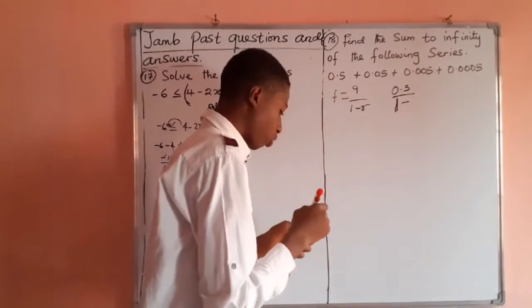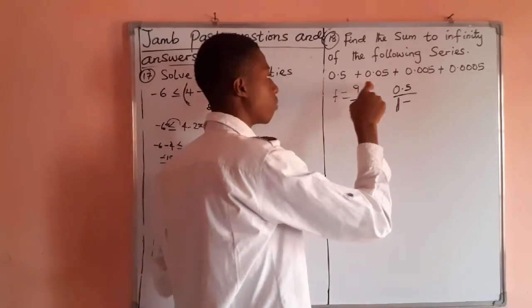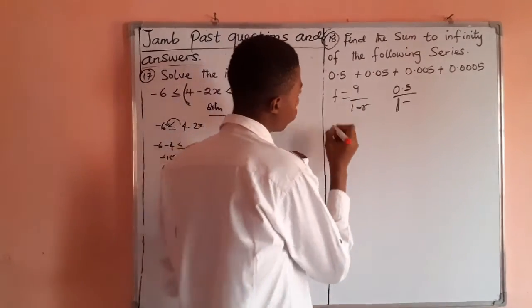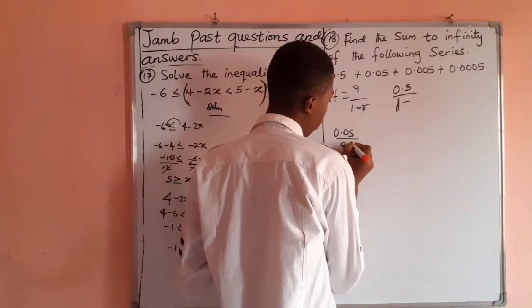Our r is the common ratio. That means you divide the second term by the first term, the third term by the second term, to find your common ratio. Now to find our common ratio, we do 0.05 divided by 0.5.